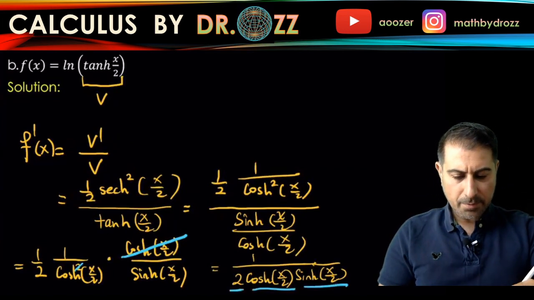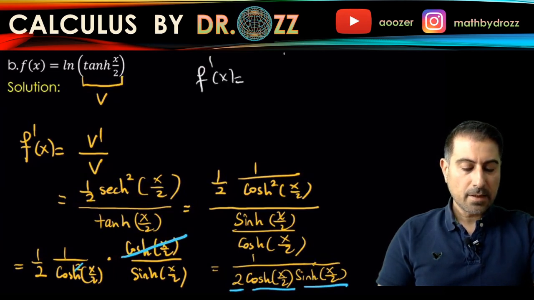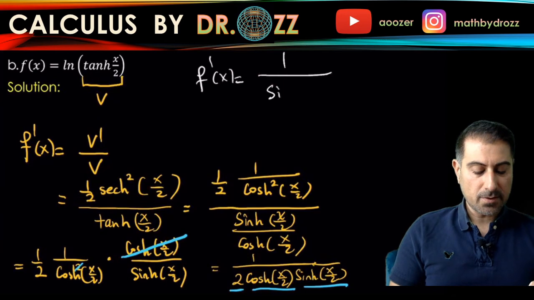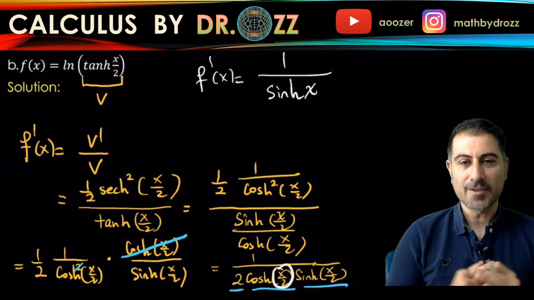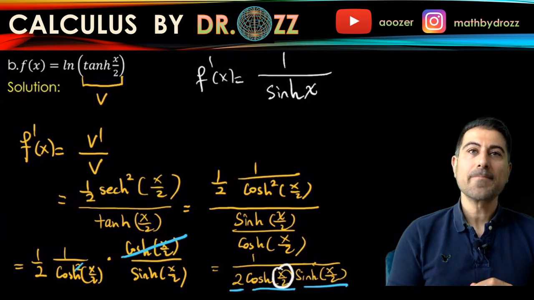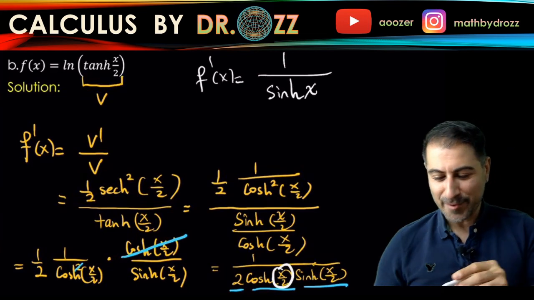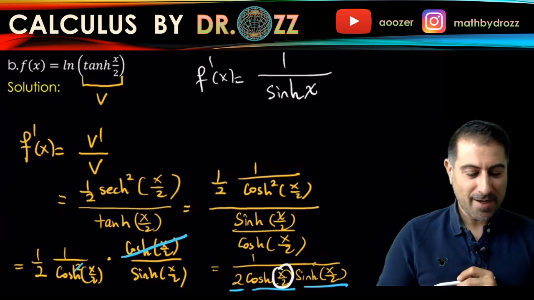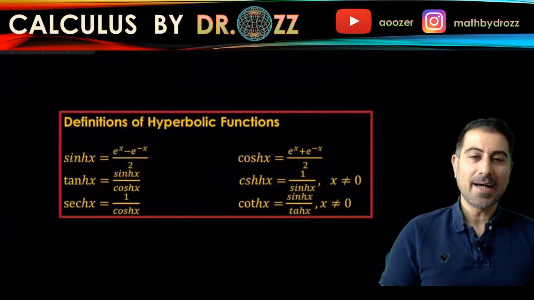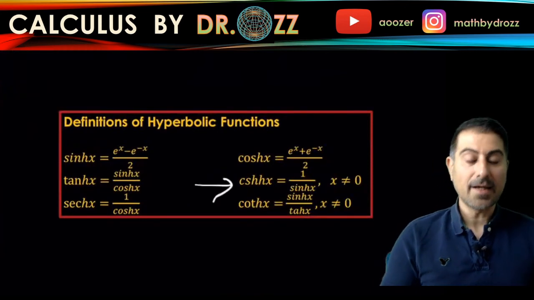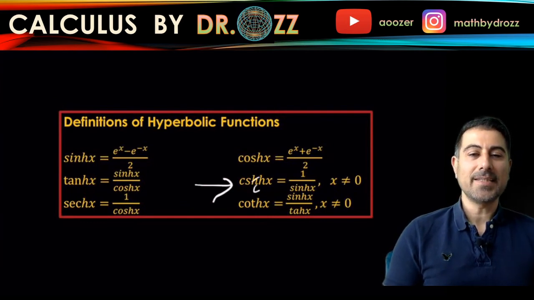I can go back up here, so the derivative of the function is 1 over sine hyperbolic x, because the double angle in this case is twice x over 2, which is just x. And we can go one step further: 1 over sine hyperbolic x is cosecant hyperbolic x.